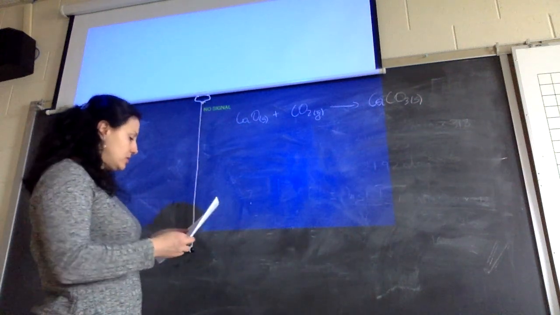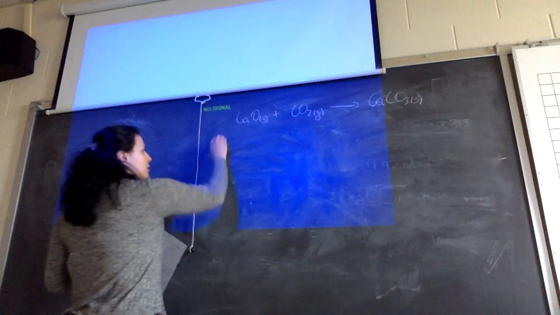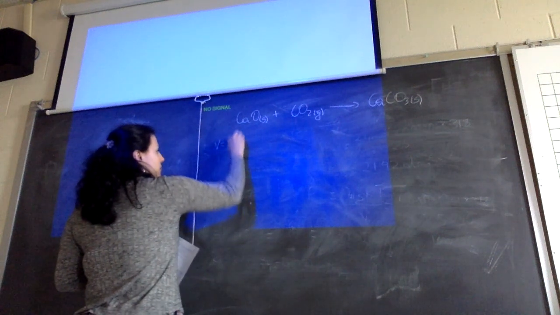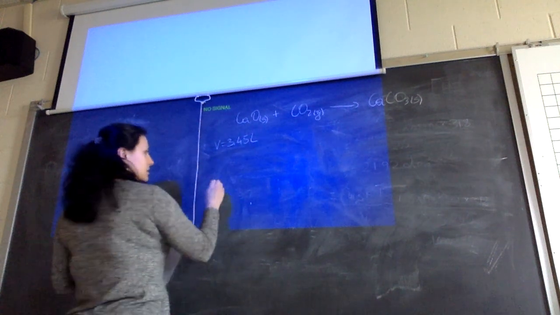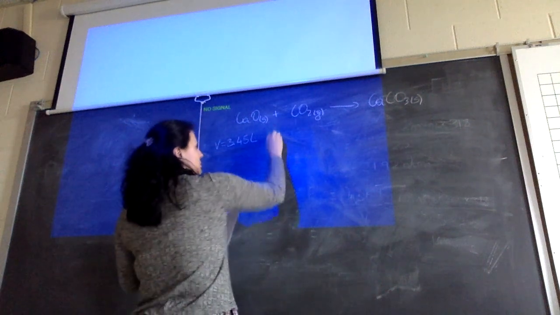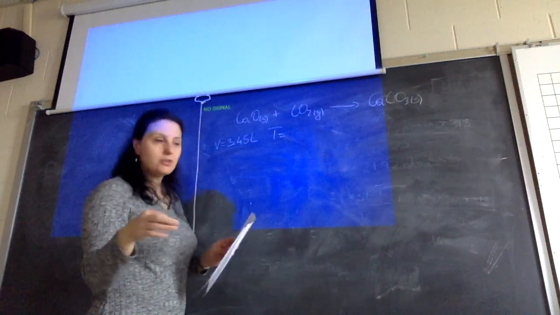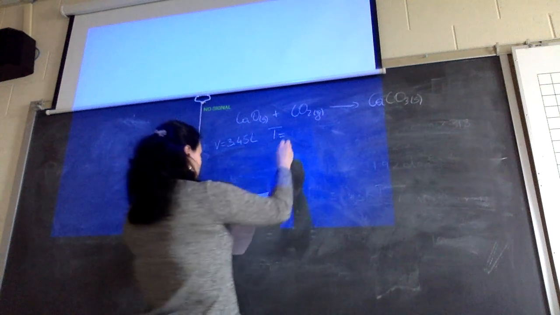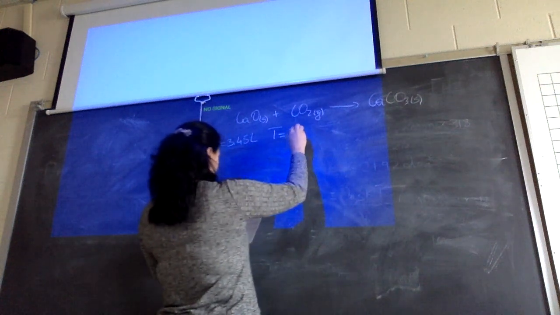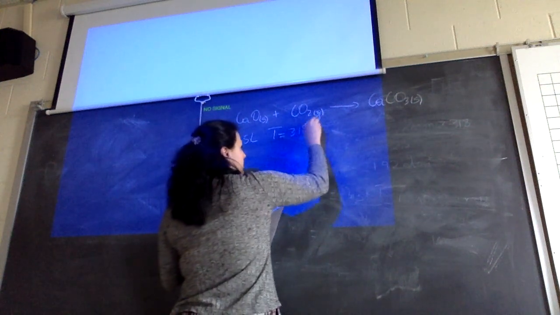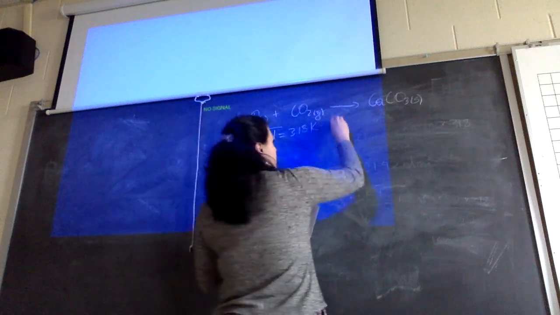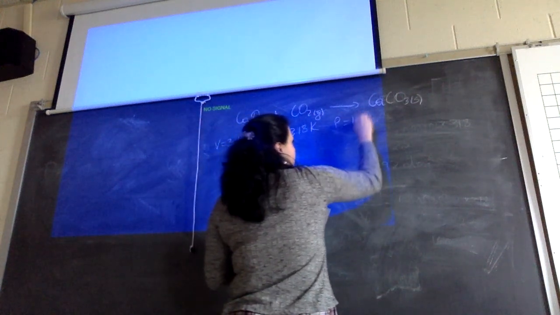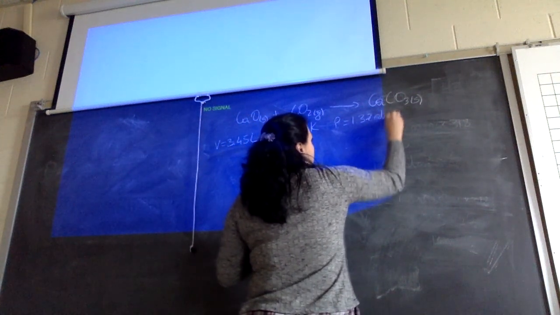Okay, so let's do it. I know the volume is equal to 3.45 liters. The temperature, go ahead and convert it to Kelvin, is 318 Kelvin. And I know the pressure is 1.37 atmosphere.